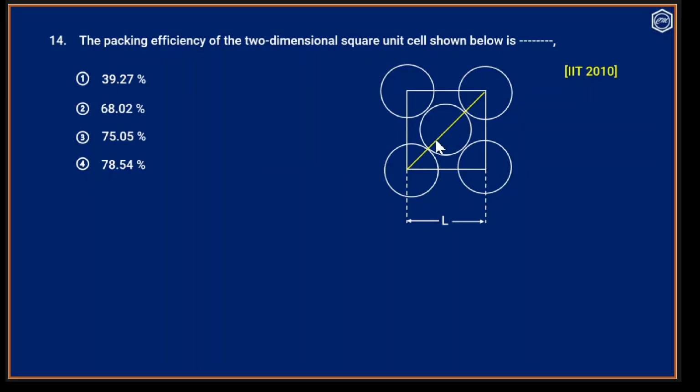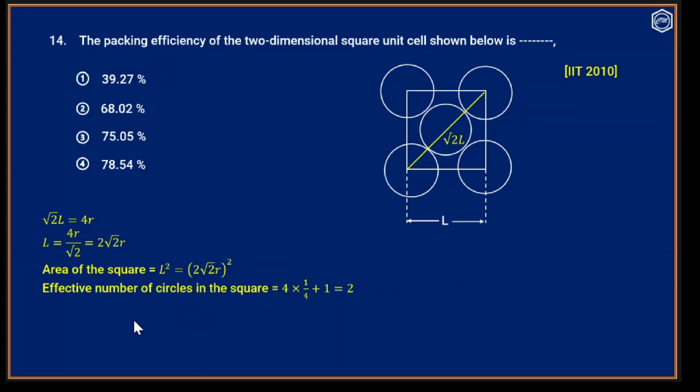Along the face diagonal, the three atoms touch each other, and the face diagonal is root 2 L. Now root 2 L consists of 4 radii: 1, 2, 3 and 4. So L is equal to 4R by root 2, or 2 root 2 R. Now the area of the square is L square, that is 2 root 2 R the whole square.